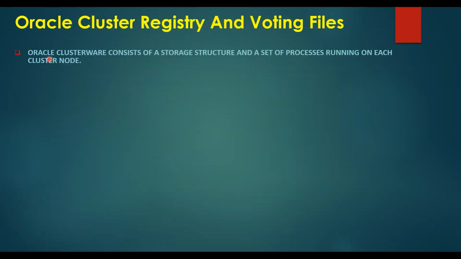Basically, if you look at Oracle Cluster Registry, it consists of a storage structure and a set of processes. Whenever you talk about anything related to grid infrastructure, the picture that comes to our mind is the storage structure, along with various processes which are up and running.